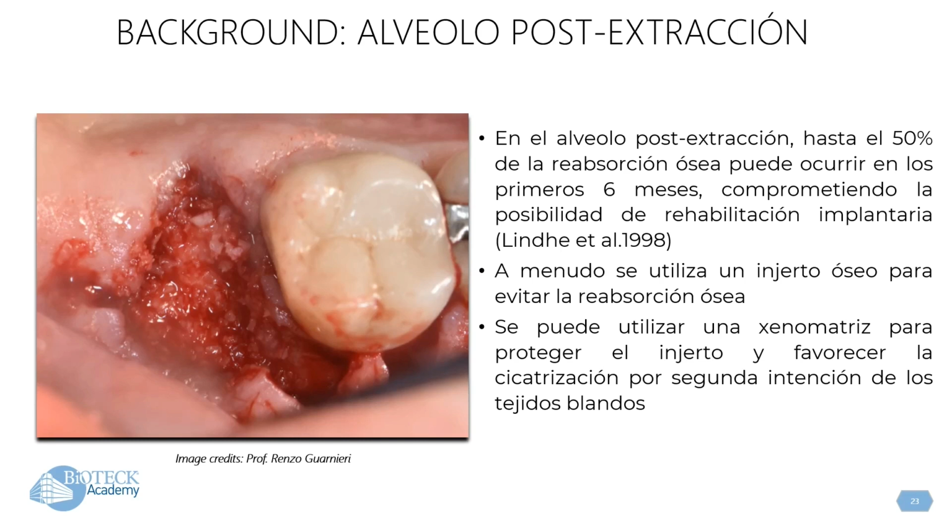But in order to provide and facilitate also the surgery after the extraction, it is possible to use the Xenomatrix in order to protect the bone graft that is used to avoid the resorption of the bone, and so to favor the healing of the soft tissue by second intention, so without the need to open flaps.